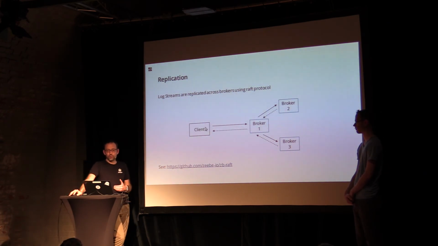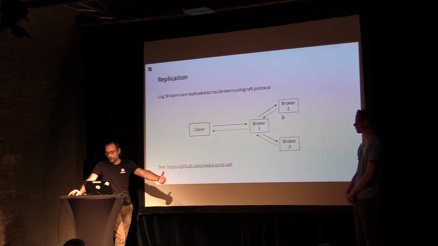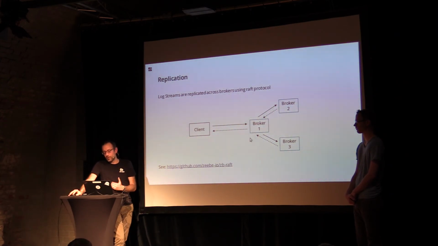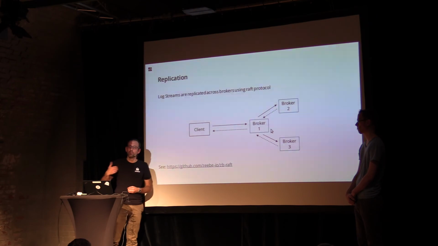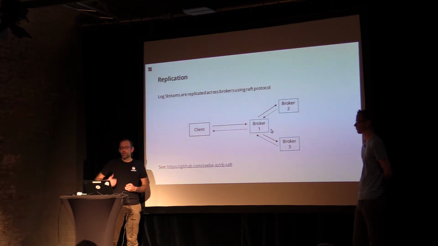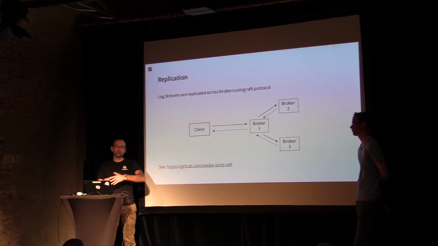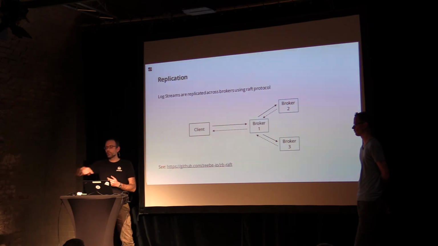So it's not a single point of failure, but for the time being, it is the leader. And then the client can only send commands to the leader. The leader needs to replicate data to a quorum of nodes, including itself, and then data is considered to be committed. Once data is committed, ZB will send you an acknowledgement, and then it will be able to do the stream processing internally.